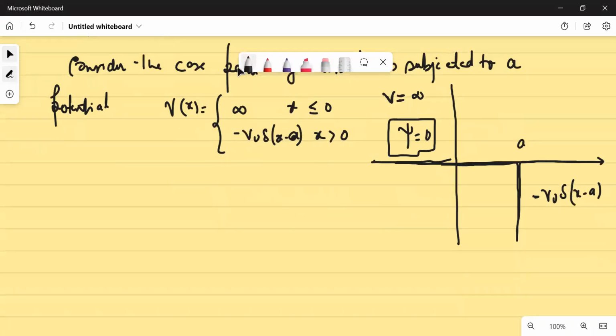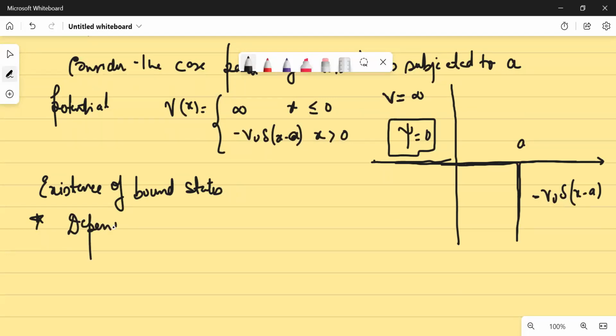Now, we want to find the existence of bound states. At the end, as we go ahead and solve this particular problem, we'll find that for these bound states, there would be a dependence upon the value of a.